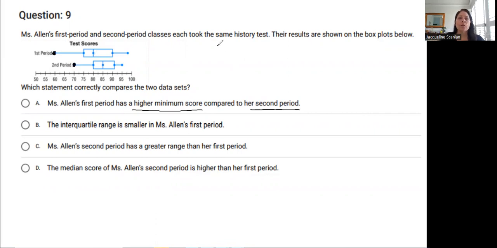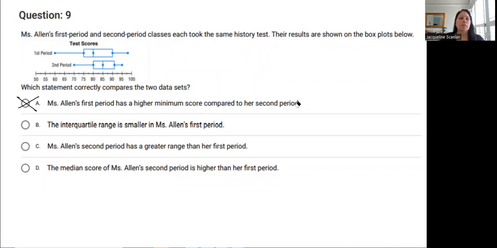Okay, so for first period, the minimum score is about a 60. And for her second period, the minimum score is about a 70. So Miss Allen's first period has a higher minimum score? Well, no, 60 is not higher than 70. So answer choice A is incorrect.